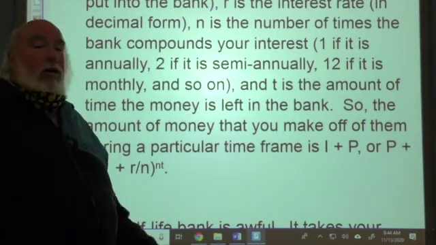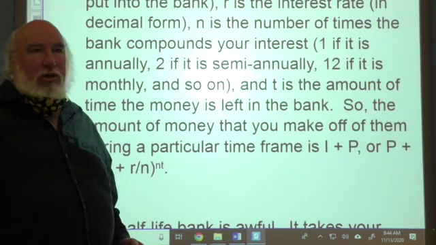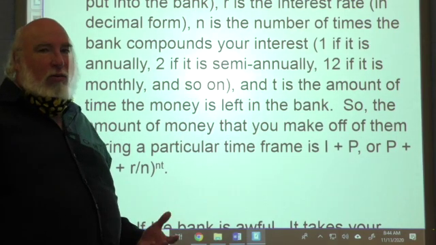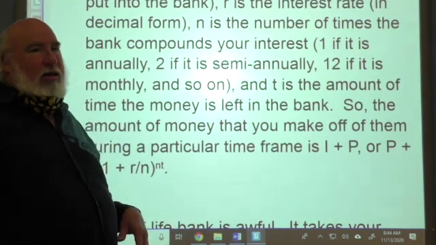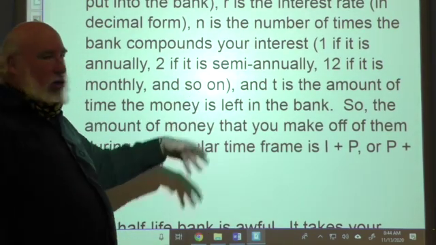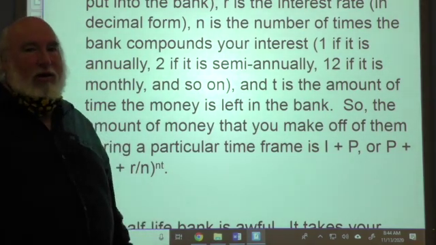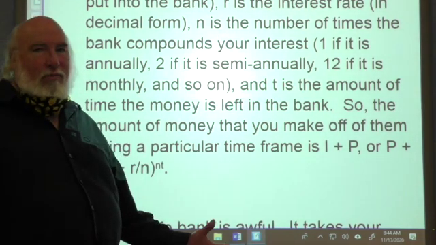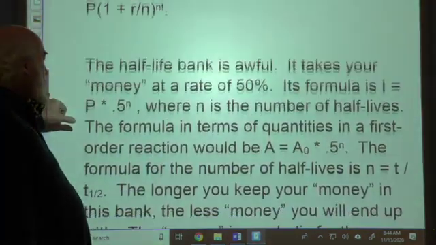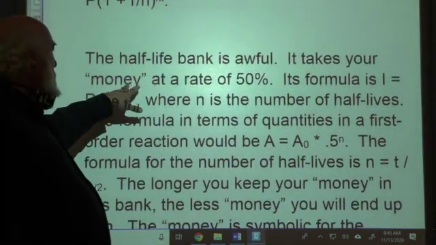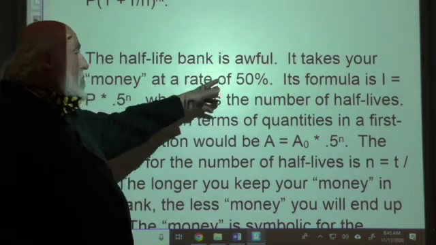Now, the decomposition or the disappearance of a reactant with a half-life is, instead of gaining a percentage, you lose 50% per time frame, compounded each half-life. So it's going to take your money, your amount of material, at a rate of 50%.